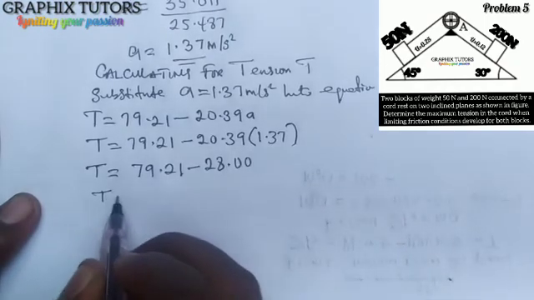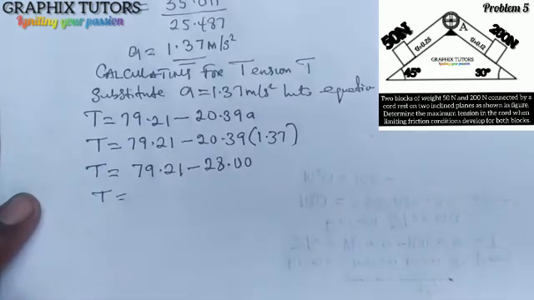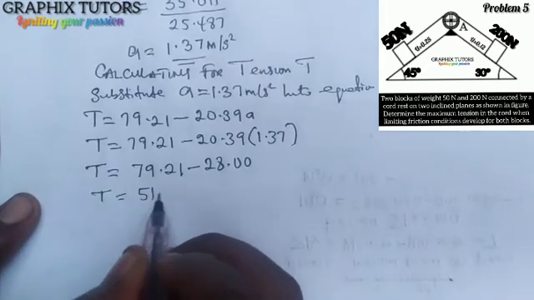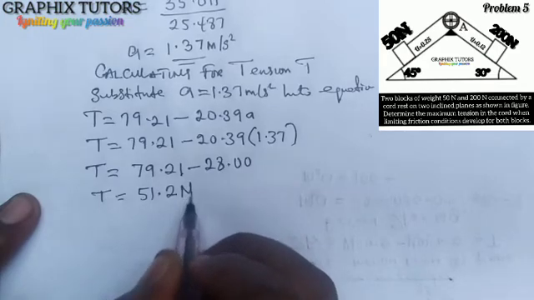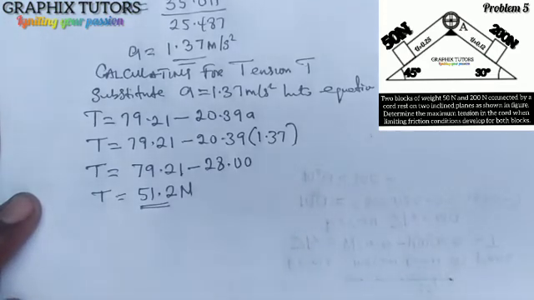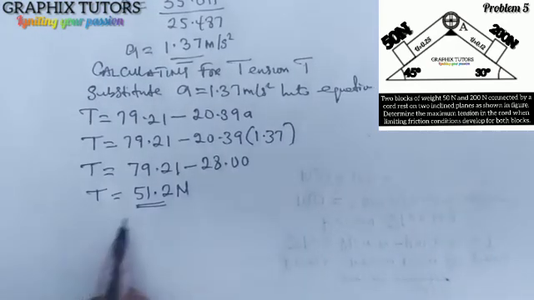So T here will now give us 79.21 minus that, giving 51.2 Newton. That is the tension. Tension is 51.2 Newton. So that's our tension here.